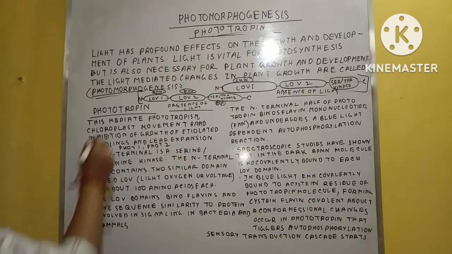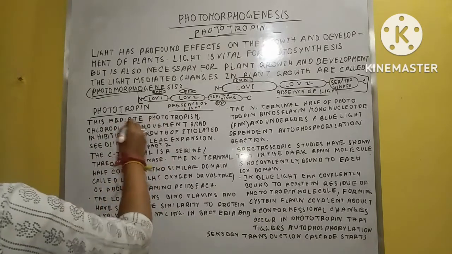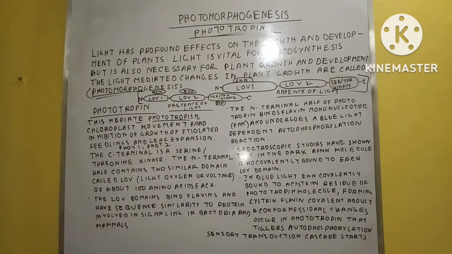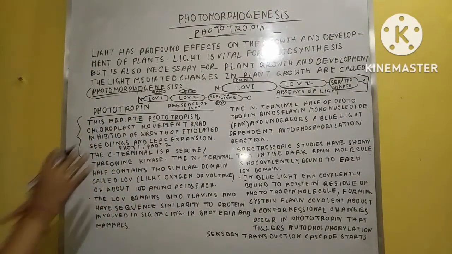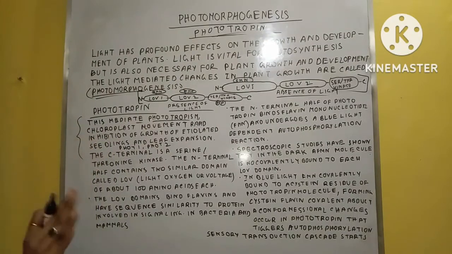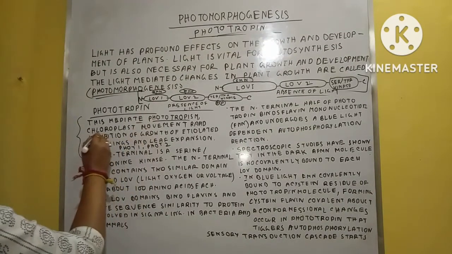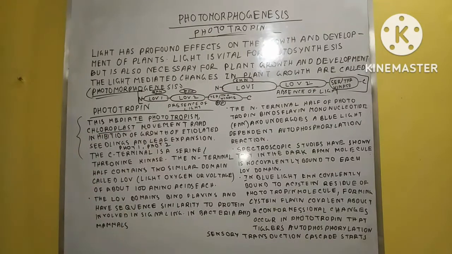What is it saying here? It mediates phototropism and chloroplast movement. First, here I am just giving brief functions of phototropin. It helps in chloroplast movement. What is chloroplast movement?